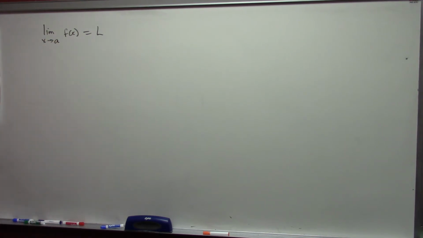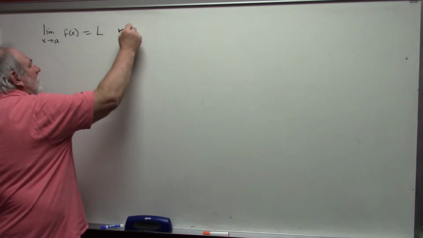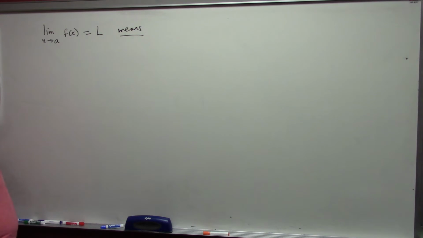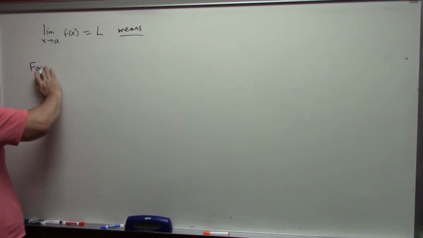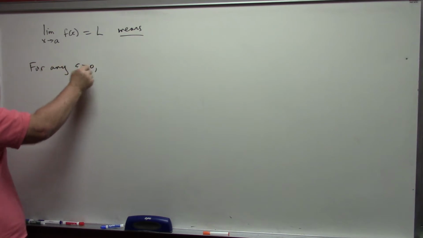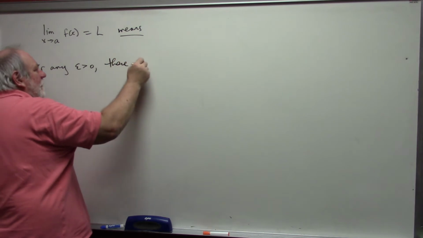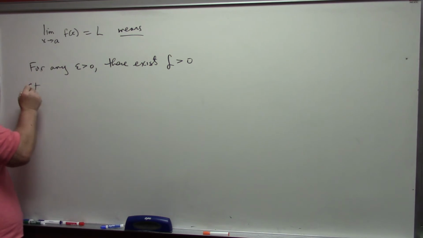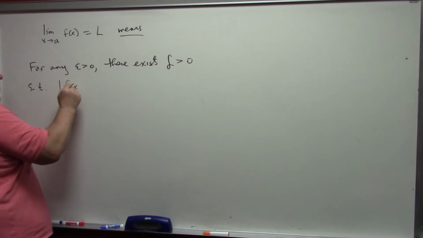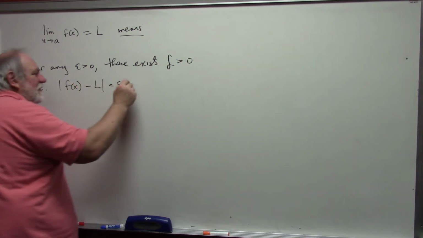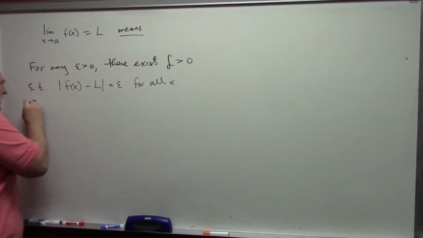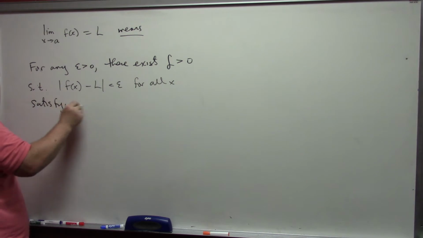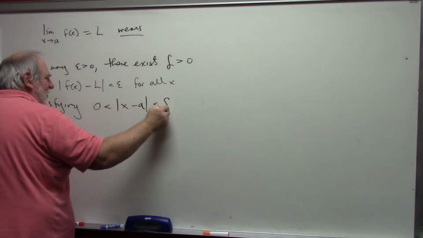So I'm saying what happens as my x value approaches a, for the function f of x, this limit is L, means, this is my definition, for any epsilon greater than 0, there exists some delta greater than 0, such that, s.t. is such that, the absolute value of f of x minus L is less than epsilon for all x satisfying 0 is less than the absolute value of x minus a is less than delta.